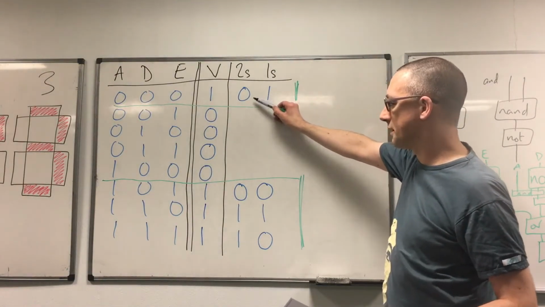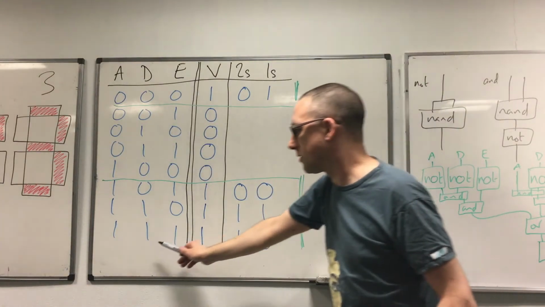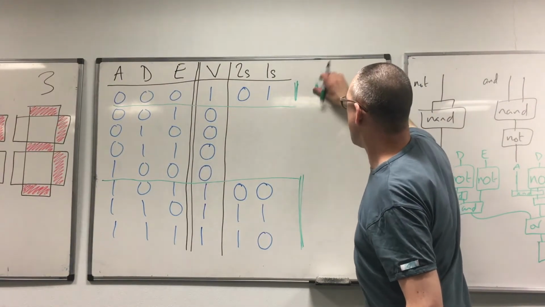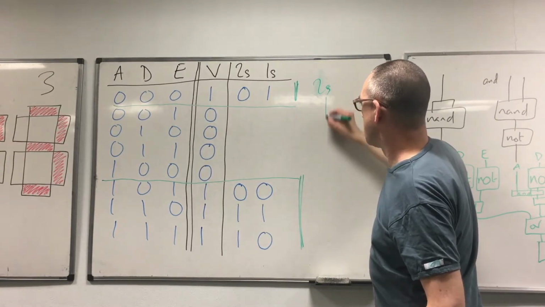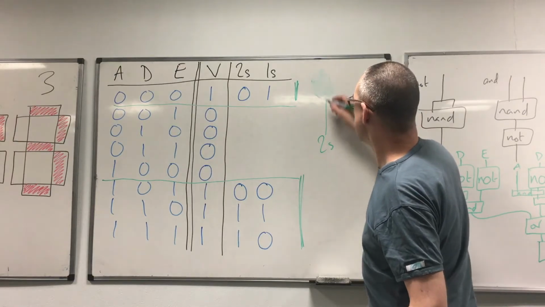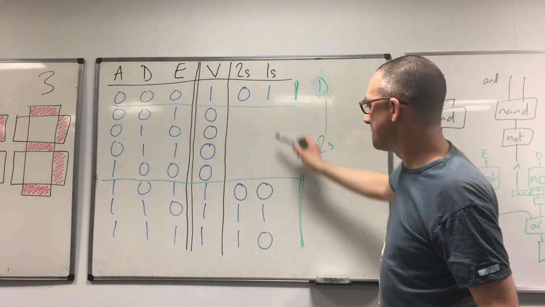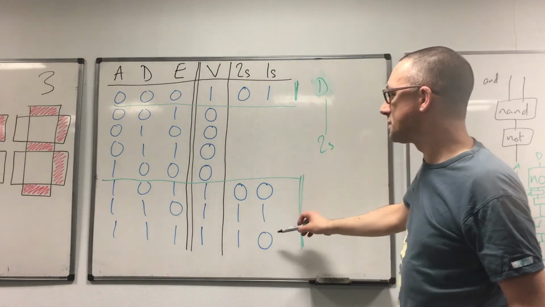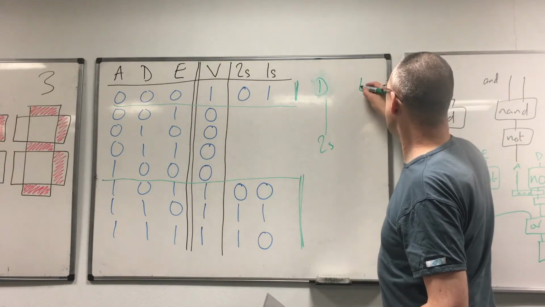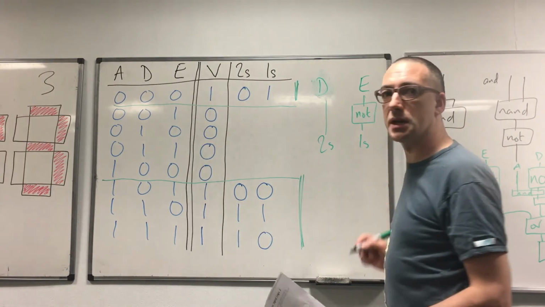And we can see from this truth table that in those cases, 2's is always a copy of D. So we can wire 2's directly from D. Similarly, if we look at the 1's output, we can see that 1's is always the negation of E. So we can get from E to 1's with a NOT gate, if we're managing not to be silly.